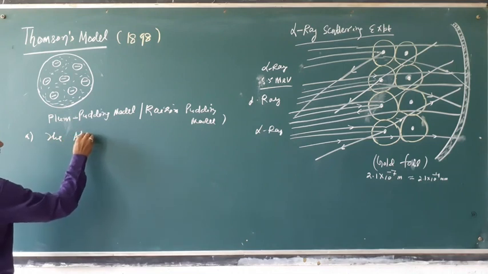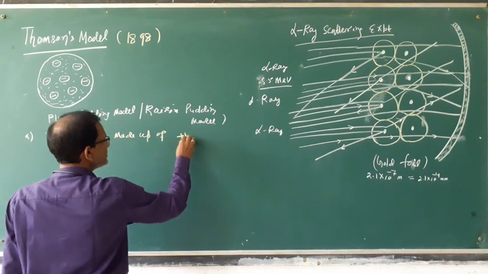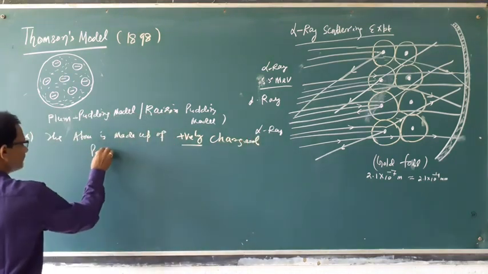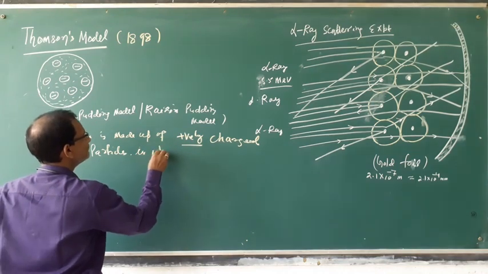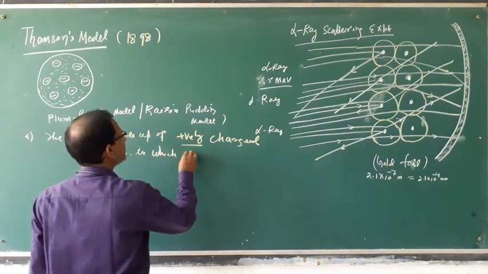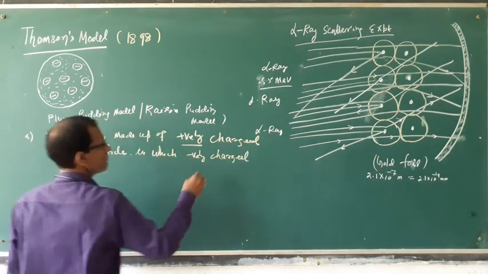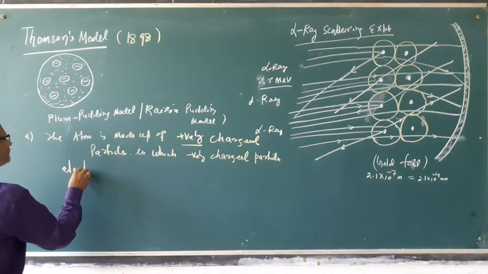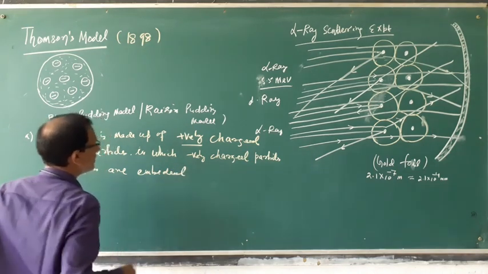The atom is made up of positively charged particles in which negatively charged particles, electrons, are embedded.